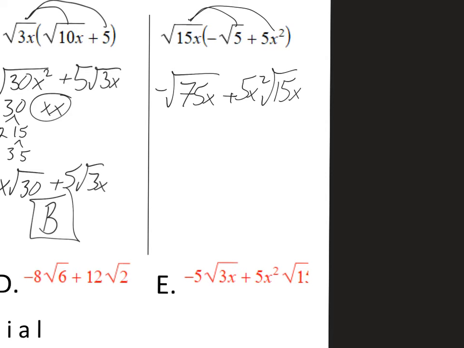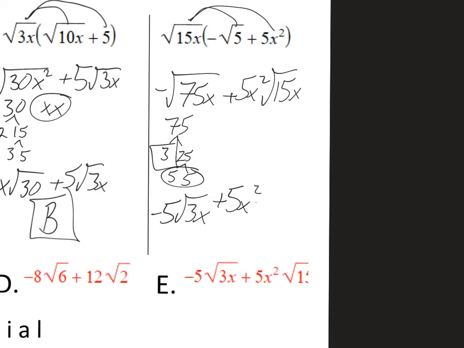Okay, so 75, I can split that up. It's 3 and 25, and then 5 and 5. So that tells me I have negative 5 radical 3x plus 5x squared radical 15, because 15 I can't simplify at all. So that answer would be E.